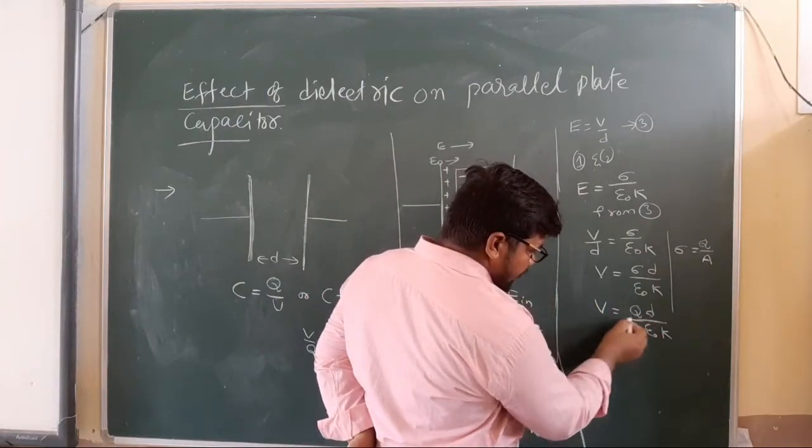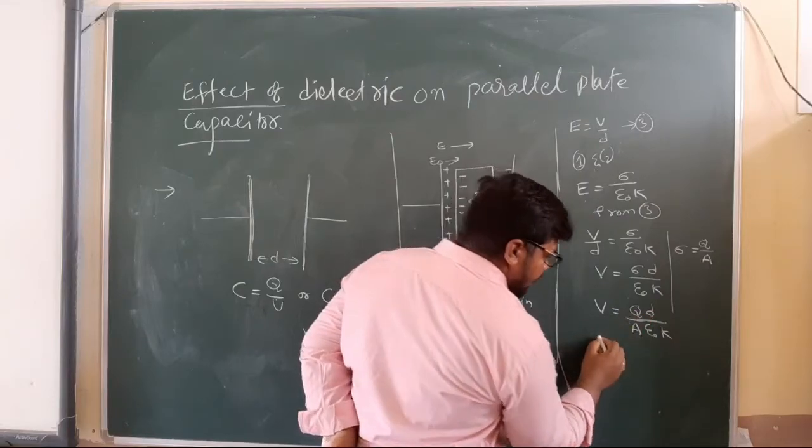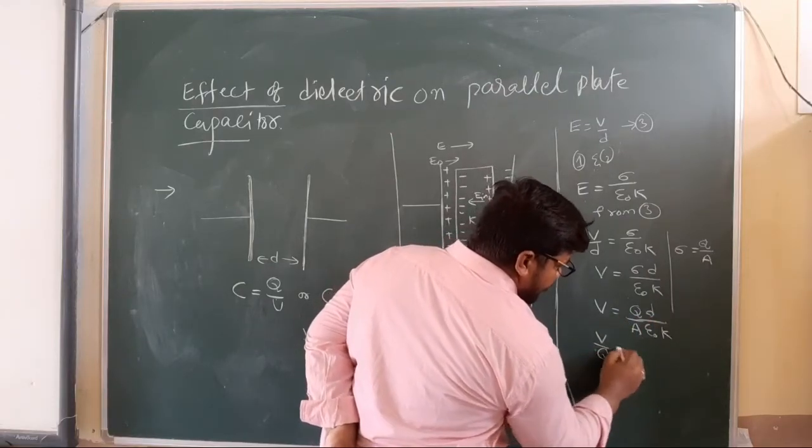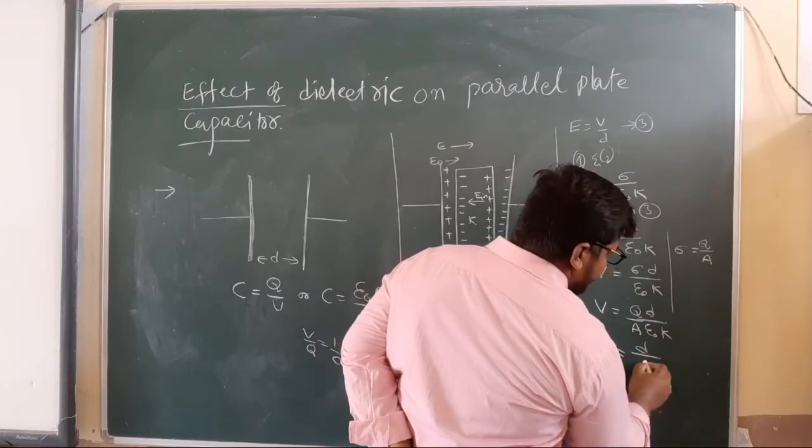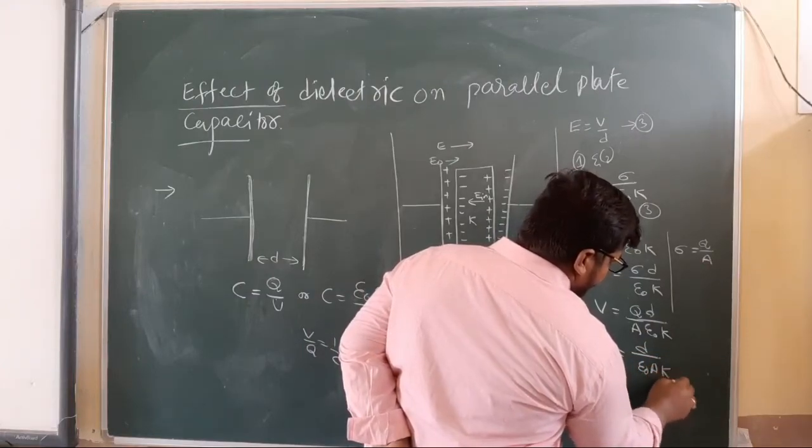So we send Q across: V by Q is equal to D by epsilon naught A into K.